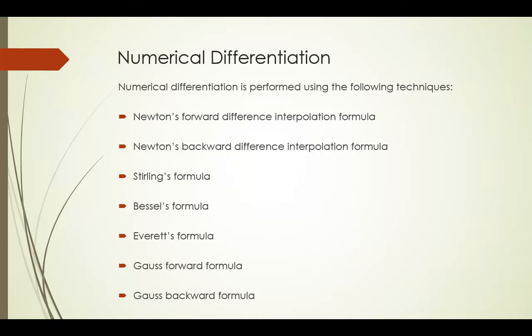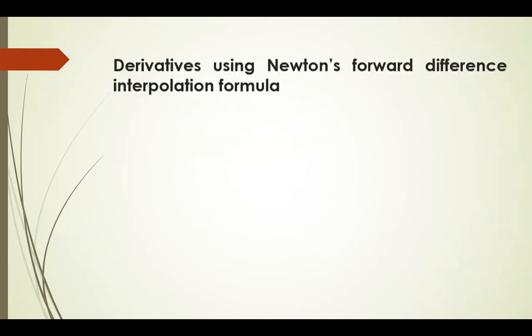So there are 7 formulas to make numerical differentiation easy. These formulas are already studied in the previous chapter. You just need to differentiate those functions with respect to p. How could we differentiate those formulas with respect to p? Let us start from the next slide.